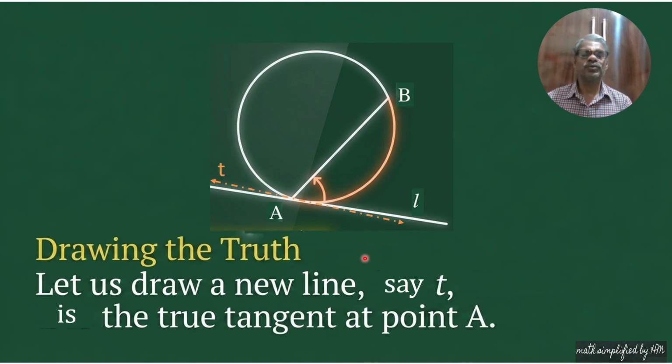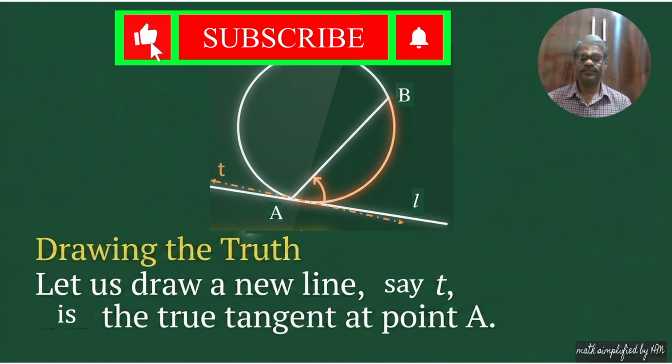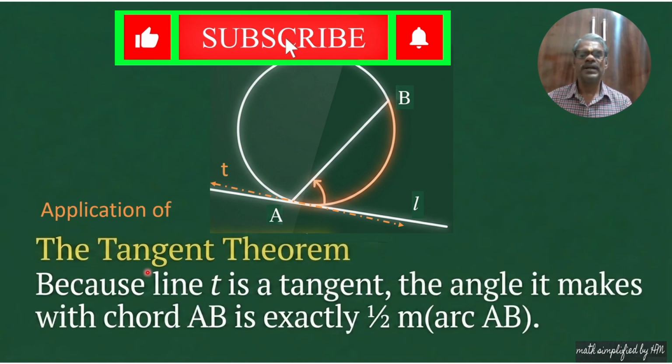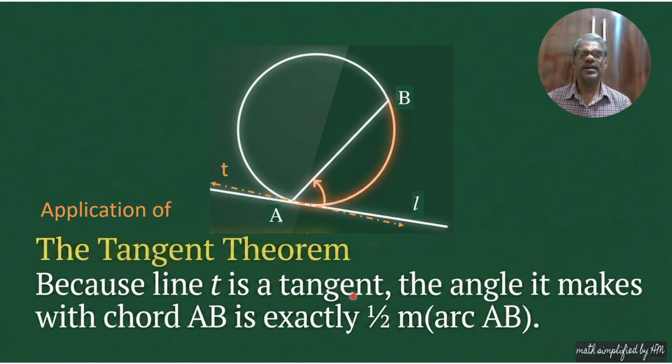Now, drawing the truth, let us draw a new line. Say T is the true tangent at point A. Now, application of the tangent theorem. Because the line T is tangent, the angle it makes with chord AB is exactly 1/2 the measure of arc AB.